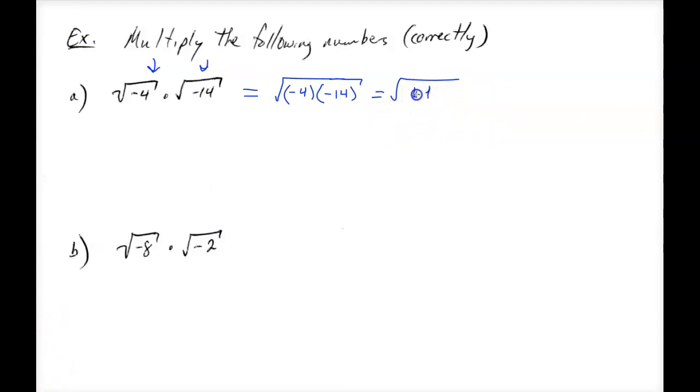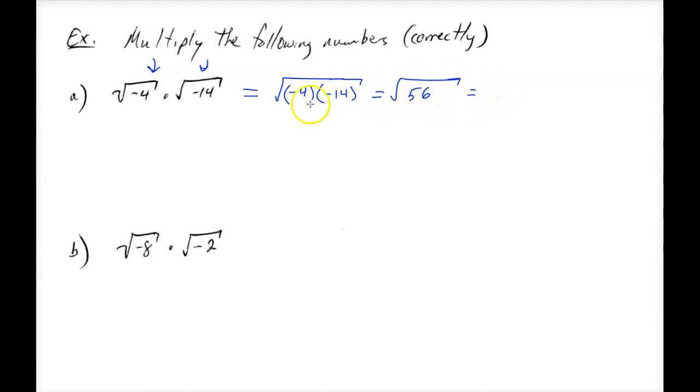So, excuse me, that's actually a positive 56, not 64. Let's get that in. They'll try to do this, and then from here, try to deal with this the best way that they can.